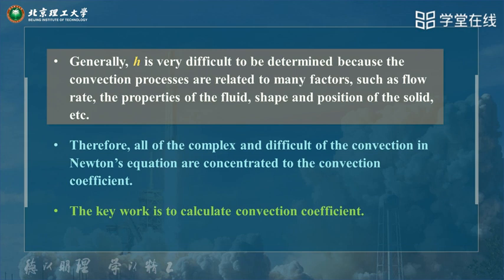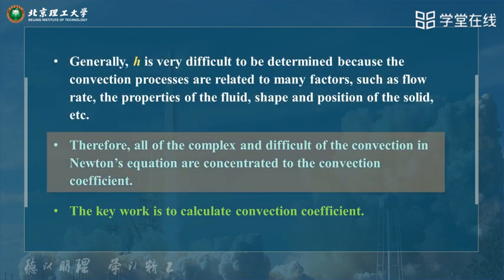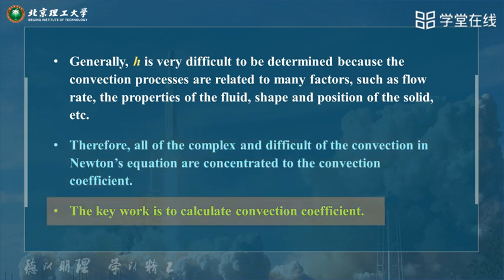Many factors have influence on the coefficient H. Therefore, H is very difficult to obtain. So in Newton's law of cooling, all the complexity and difficulty of convection is concentrated in the convection coefficient. The key work is to calculate the convection coefficient.